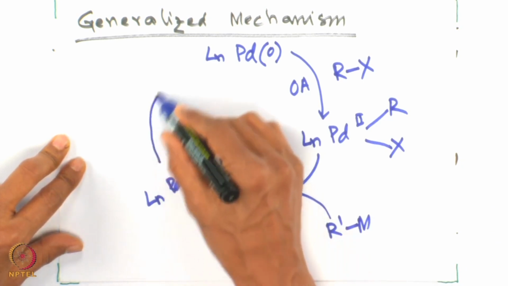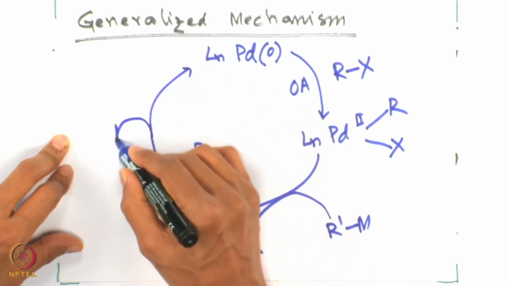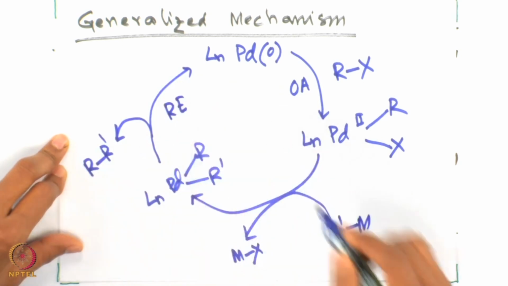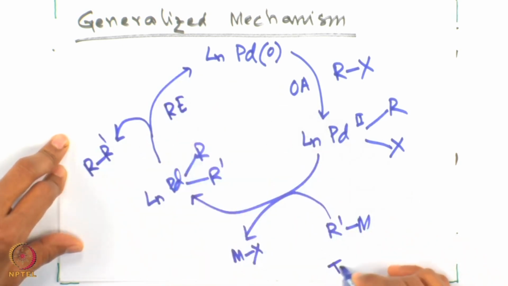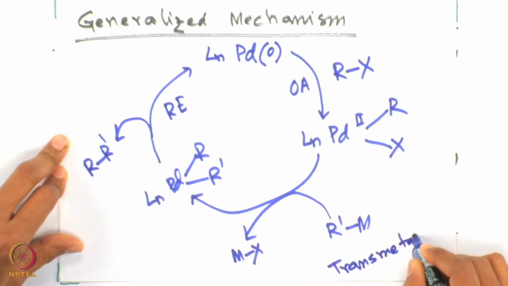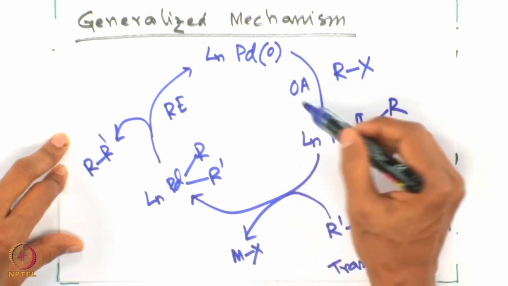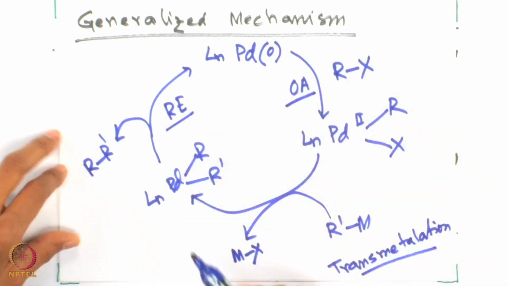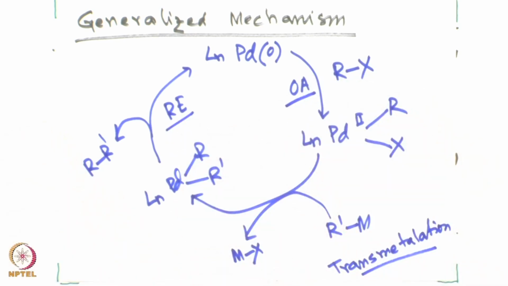Overall in the process we get R-R' as the product, that is the reductive elimination, and the previous step is called transmetallation. So, it is oxidative addition, transmetallation and reductive elimination. These are the key steps for these processes.